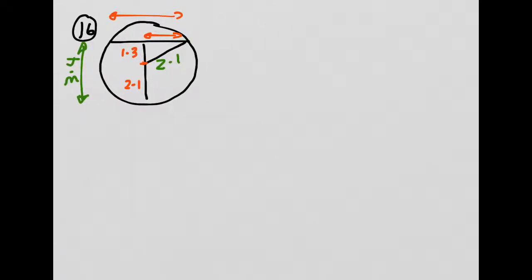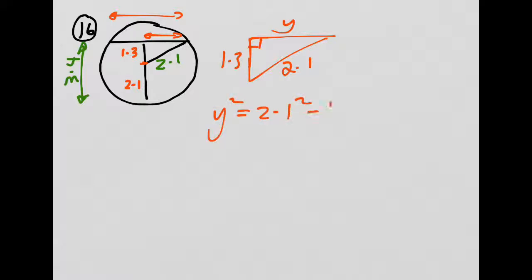so using a right angle triangle with the information we know, 2.1, 1.3, let's call this distance y, and Pythagoras, y squared, 2.1 squared minus 1.3 squared, which is 4.41, take away 1.69, which is 0.72, and y is going to be the square root of that.